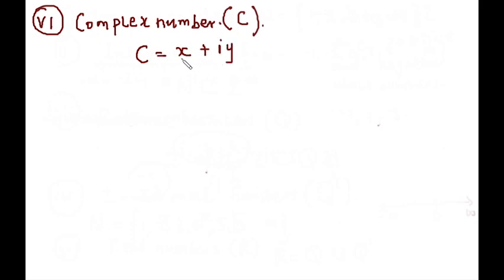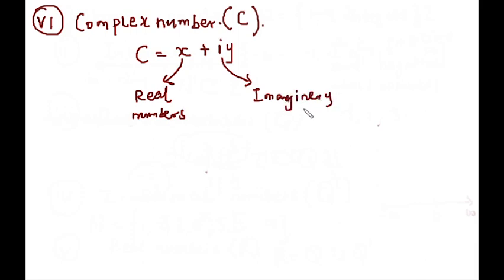So this part of the complex number is the real part, so it consists of real numbers, and then this part is the imaginary part of the complex number.